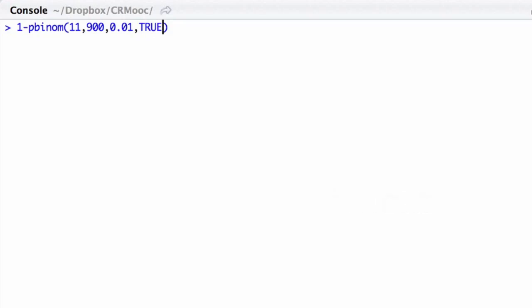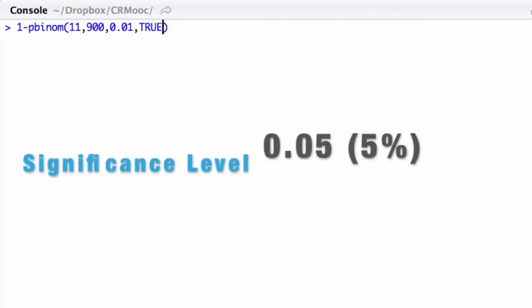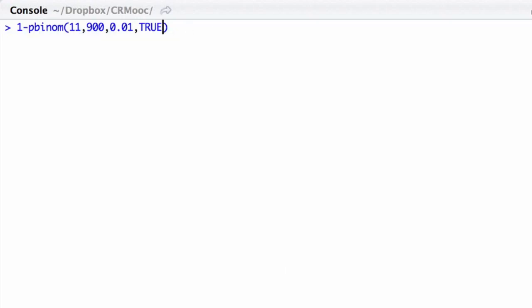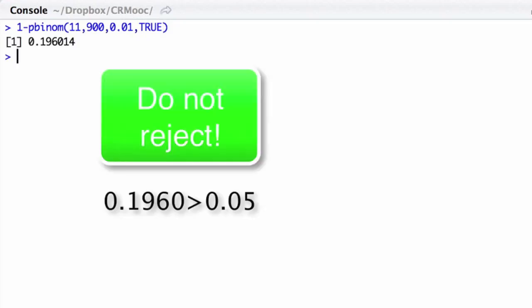Let's say that we choose 5% as significance level for our test, but it could also be 2% or 1% or what you prefer. Since 0.1960 is greater than 0.05, we cannot reject the null hypothesis, and this means that our value at risk is correct.